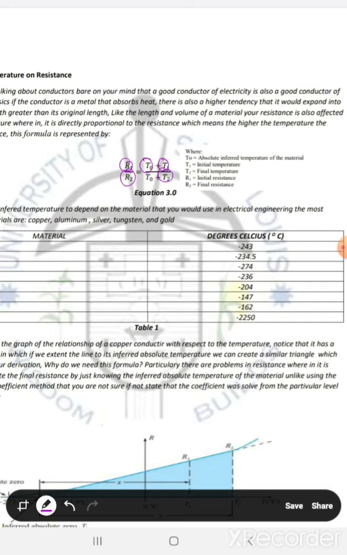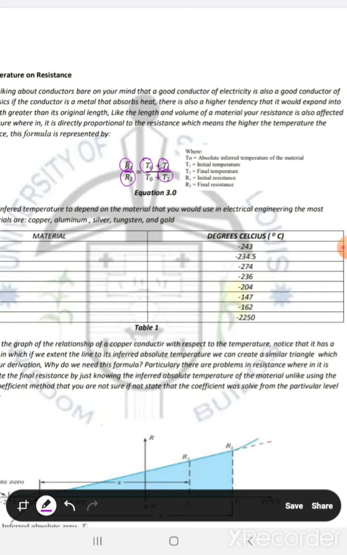Your R1 and T1 indicate your initial resistance, the first values given in your problem, so whatever the problem states. Your R2 will be your unknown resistance, or T2 might be your unknown temperature. Take note that R1 varies with temperature, and your R2 also varies with temperature with respect to its T2.